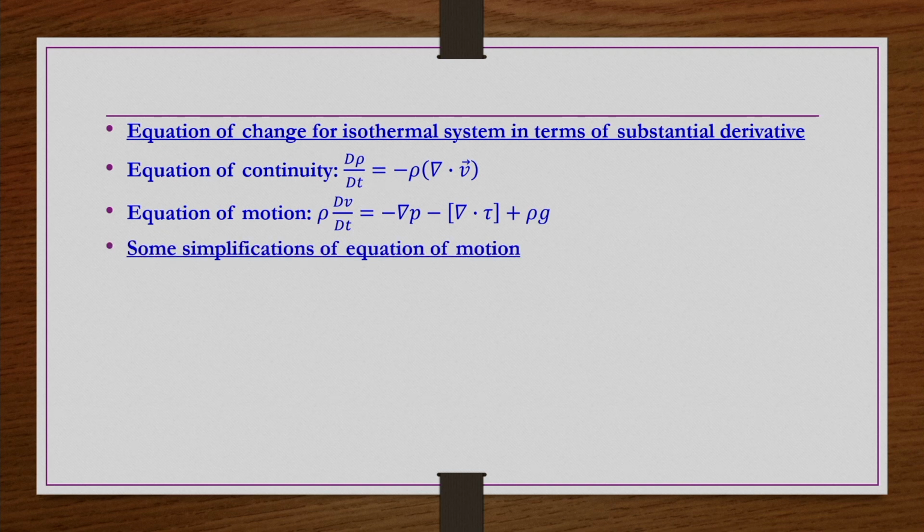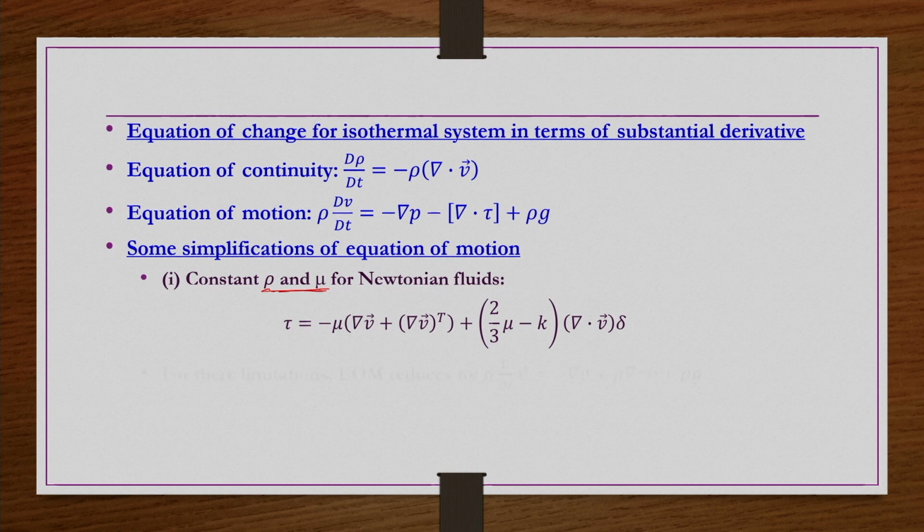Now, some simplifications of the equation of motion that we are going to see. First one, we take constant density and viscosity system for Newtonian fluids. That is, Newton's law of viscosity that you apply, in place of tau xx you write minus mu dou Vx by dou x, all those terms, and then simplify, then you will get this equation.